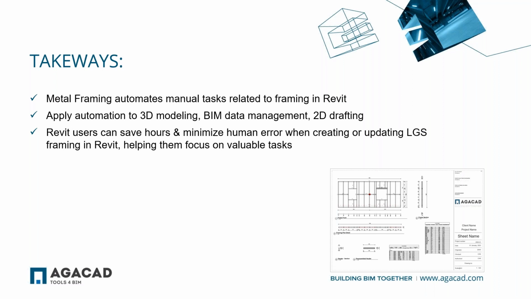And this can help you save money. It can also help you focus on more valuable tasks. And of course, sustainability is the key. By minimizing human error, you also reduce chances that we'll have some materials wasted in the factories.